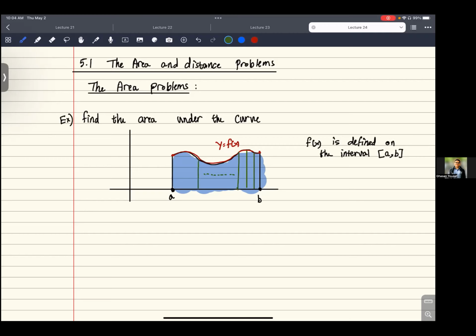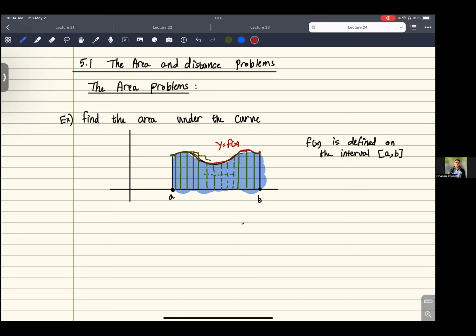The dots mean other rectangles, okay? Here is the rectangle, here's the second, here is another one, and another one here, and here.